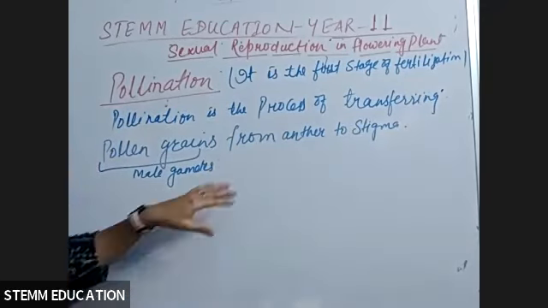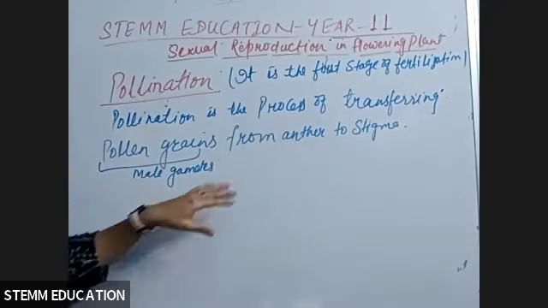And there is the ladybug. All are examples of pollinating agents. They just sit on the flower, suck the nectar, and pollen grain sticks on their body and is transferred to the stigma. That's how pollination happens.